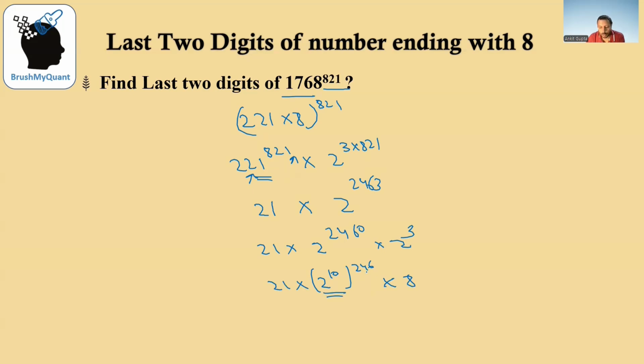So 1024 raised to an even power will be 76. 21 multiplied by 76, multiplied by 8. So this becomes 68 multiplied by 76. So last two digits of 68 multiplied by 76 will be equal to 68 itself. So last two digits of this expression is 68.